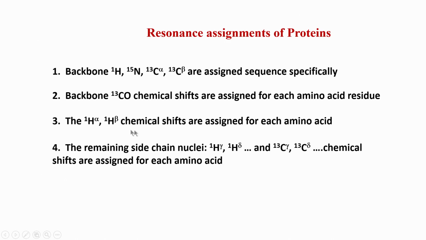So, for entering the side chains, you need to have first the alpha and the beta protons of every amino acid. Once we have that, then we can assign the rest of the side chain, that is the gamma, delta, epsilon protons and similarly gamma, delta, epsilon carbons. So, that is the last step, and after that we can consider that the assignment is complete. So, these are the 4 steps. So, let us see how we go one by one in proteins through each of them.